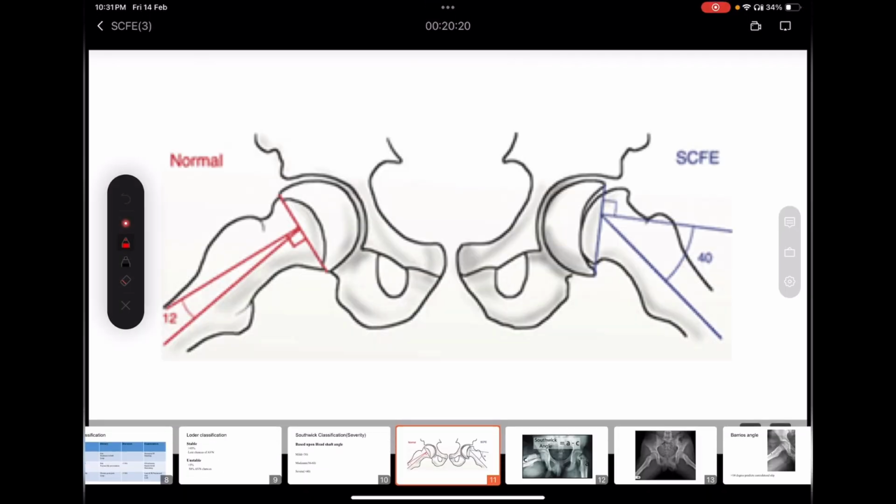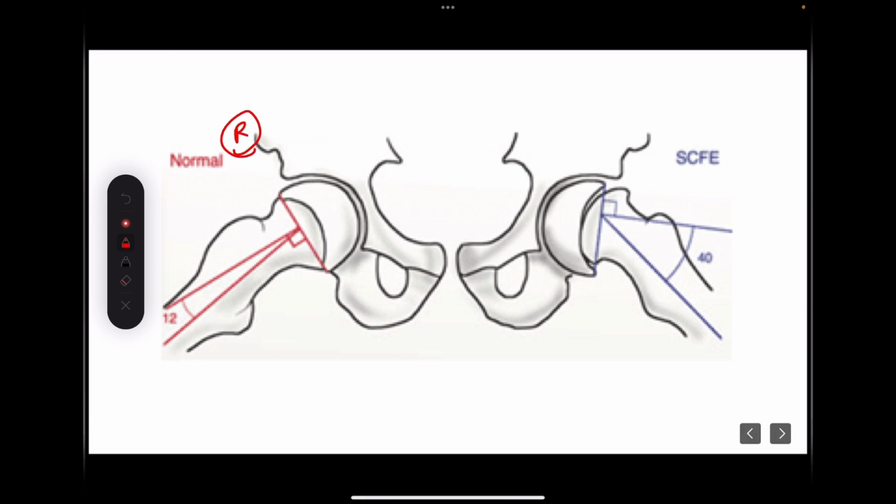And how do we calculate the slip angle? On the right side, we have a normal hip, and on the left side, we have SCFE. So we draw a line along the shaft of the femur and another line which connects two ends of the physis. And one more line which is perpendicular to the line connecting the two ends of the physis.